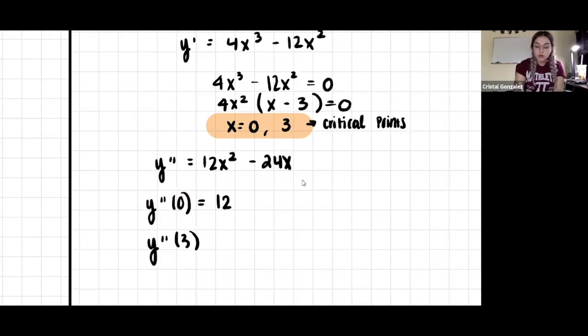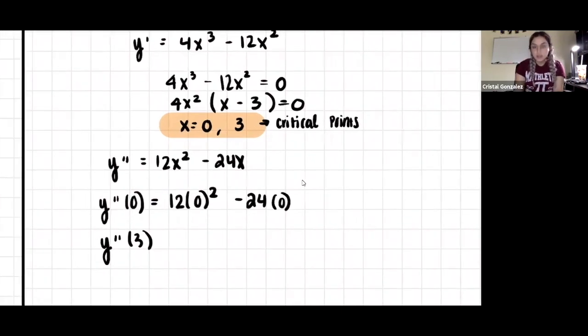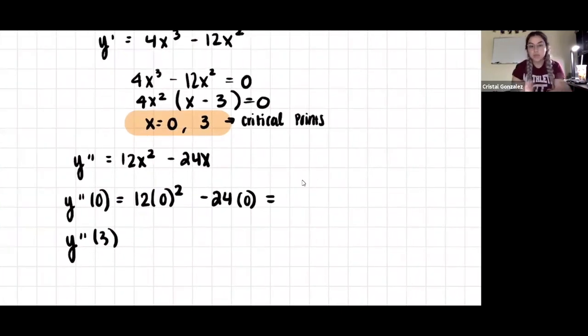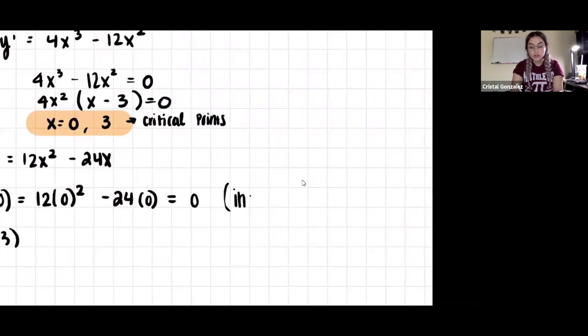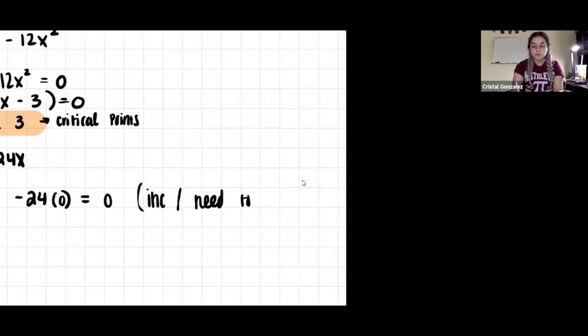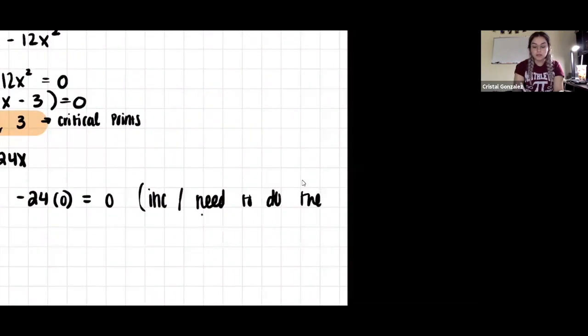We would do 12 times 0 squared minus 24 times 0, and this one's easy enough. It's just 0. So this is what we call inconclusive. And that means we need to do the first derivative test.